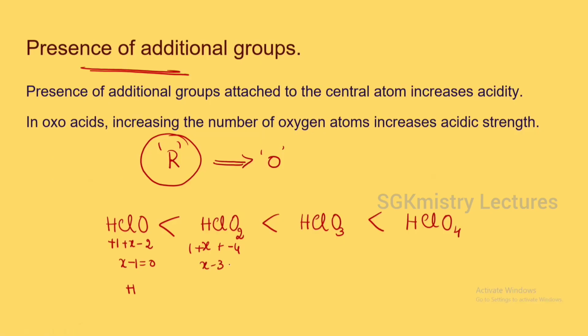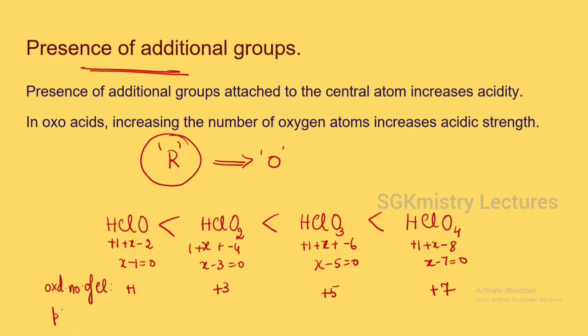So X minus 3 is equal to 0, so here it is in the +3 state. Again, with H as +1 and chlorine X, here it is -6. So X minus 5 is equal to 0, so here it is +5. Here, +1 plus X minus 8, so X minus 7 is equal to 0, so here it is in the +7 state.